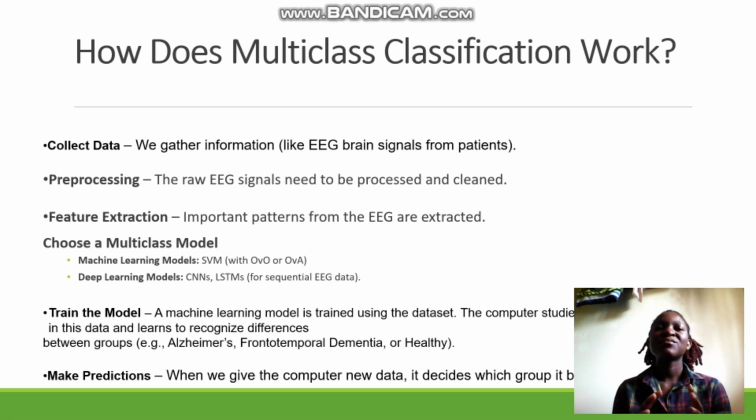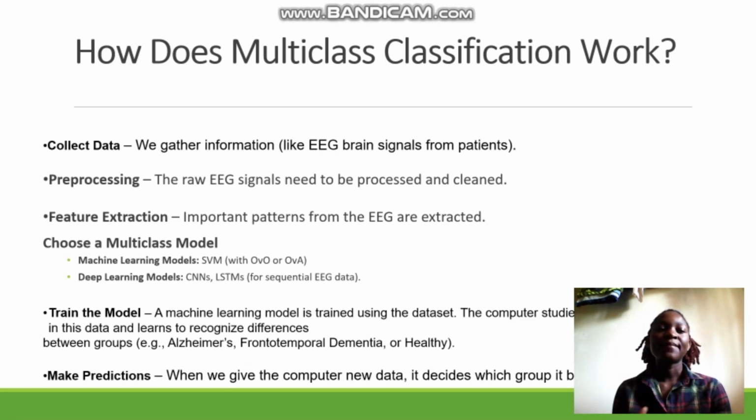So you want to reduce the number of features, or you want to reduce the dimensionality. You have to apply some techniques to extract out the most important features while ignoring the less important ones.